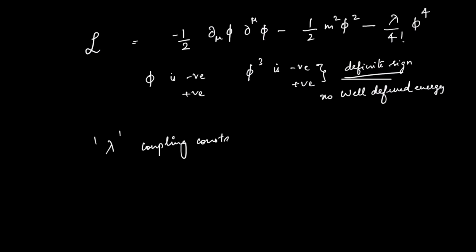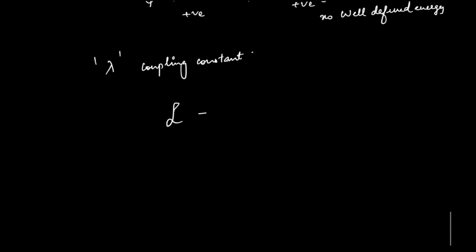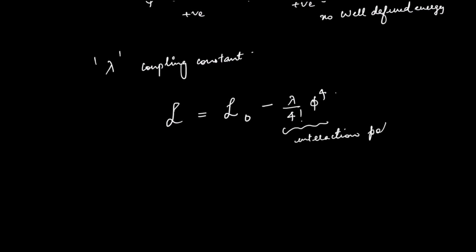So the total Lagrangian is now the Lagrangian of a free particle subtracted by lambda by 4 factorial phi raised to 4. This is the interaction potential.